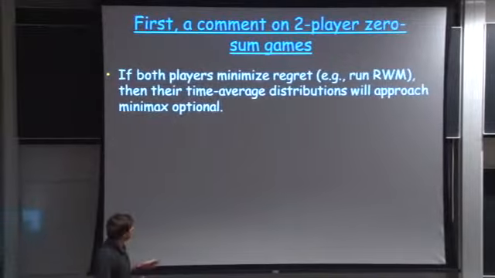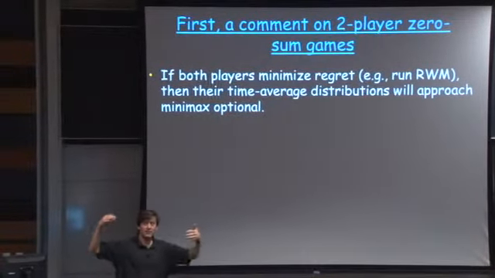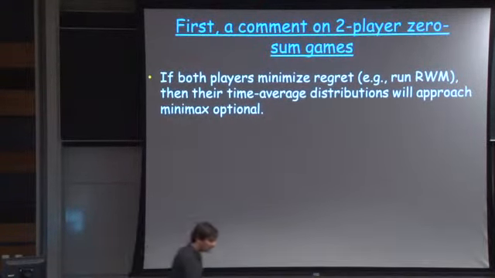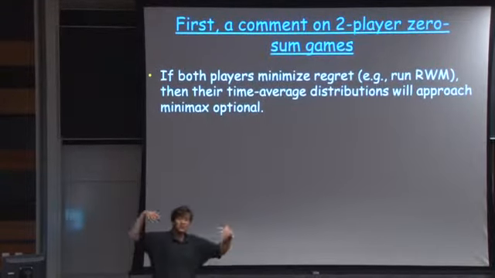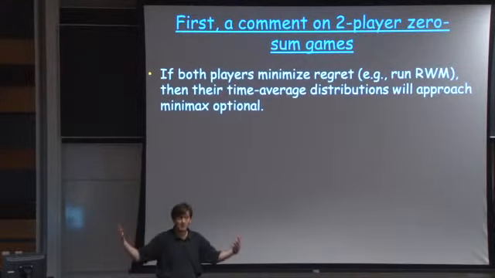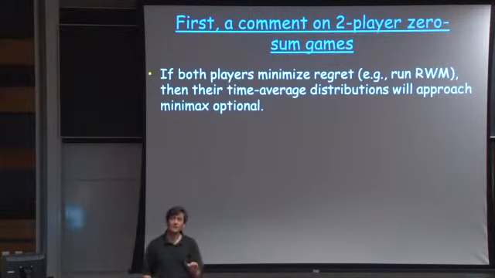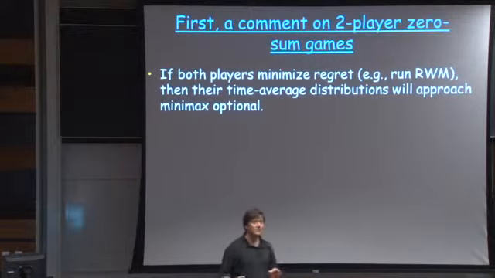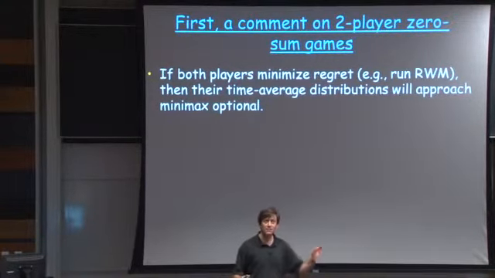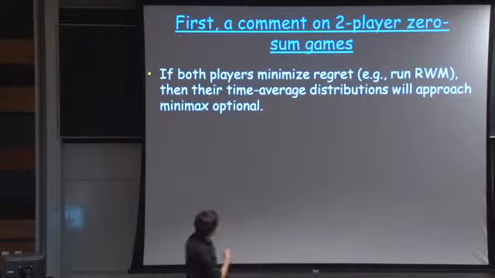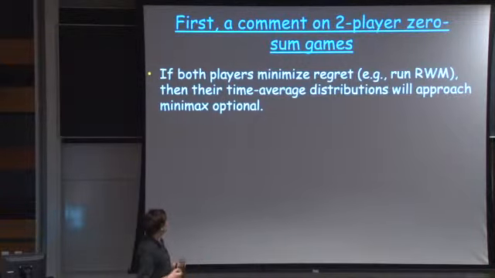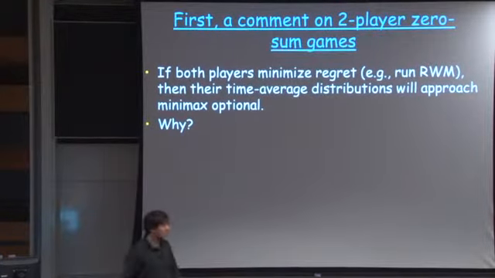But another thing you can do is play two regret minimizing algorithms against each other. If you have a zero-sum game and each player is minimizing regret, you might ask what happens. You can't say too much about the specific distribution at any particular time. You could minimize regret and every once in a while play something crazy as long as you don't do it too often. But you can say the time average distributions for each player will approach minimax optimality. Why is that?